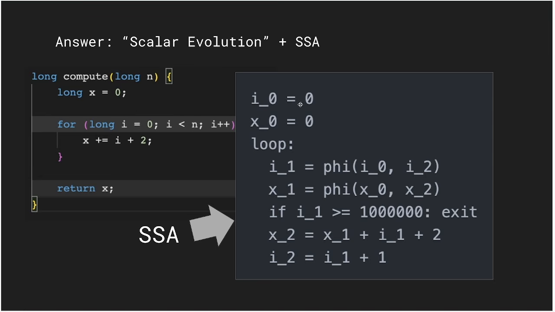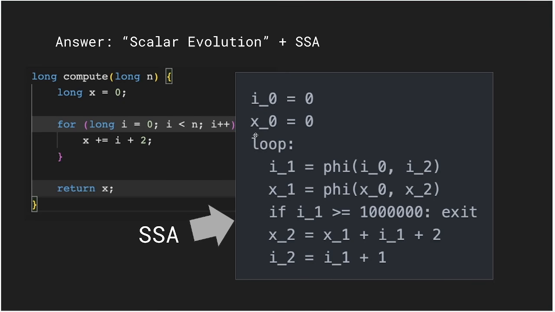Essentially, initially you have i equals 0, x equals 0, and then whenever you have a situation where the value could have come from two different places, you represent it with phi, and then you store the two things it could have been. So in this case, for example, the assignment in i++ here, i1, could have come either from the value of i before starting the loop, or from the value of i after incrementing in the previous iteration of the loop.